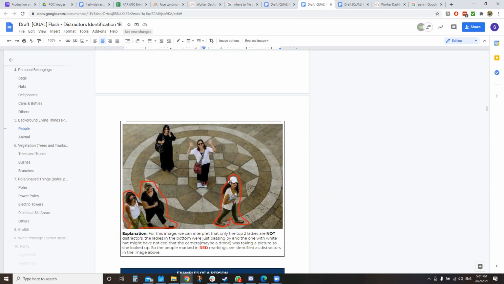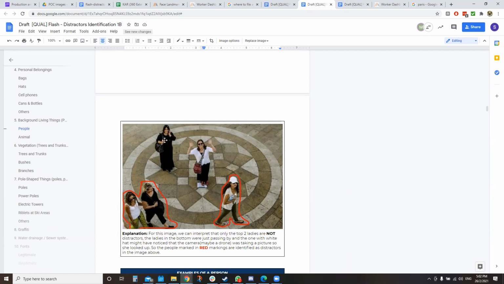This one, she is a distractor because she is walking and she accidentally looked up. So the client says that these three people are not really the focus, whereas these two are more inclined to be the focus of the picture.